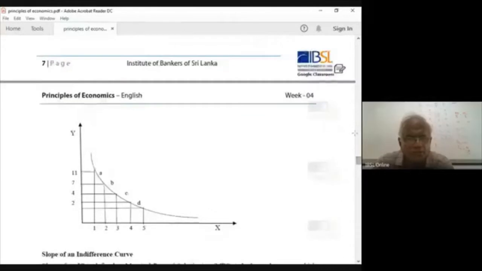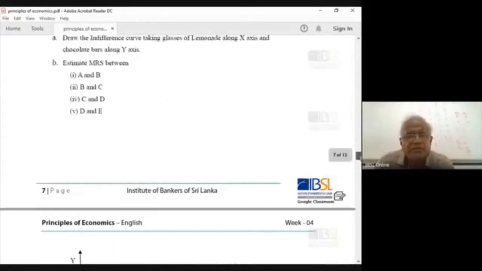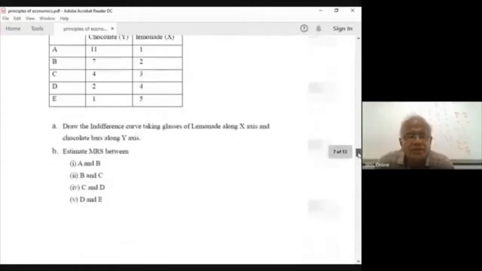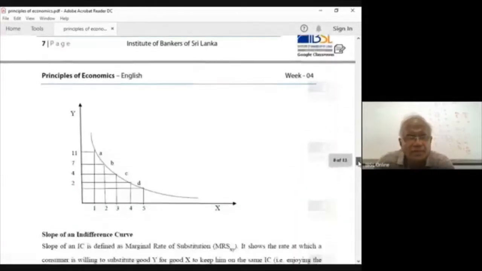You see, on the x-axis, lemonade, 1, 2, 3, 4, 5. Bars of chocolate 11, 7, 4, 2, 1. First bundle A, 1 lemonade, 11 chocolate bars. 2 lemonade, 7.